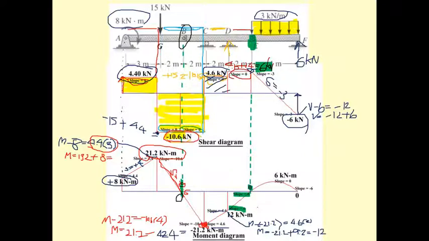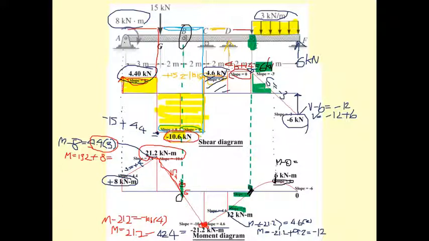Okay, and then the rest of this, the slope here is 6, and the shear here is 0. So the slope over here is going to be 0 at this maximum moment. So this M minus 0 is equal to the area here.